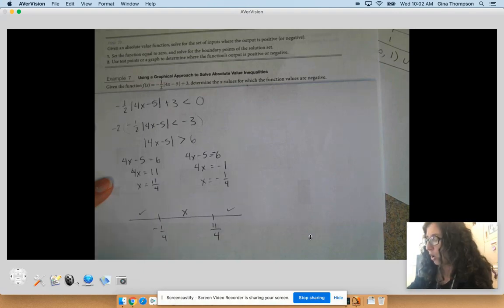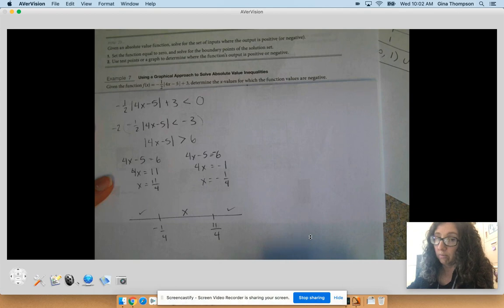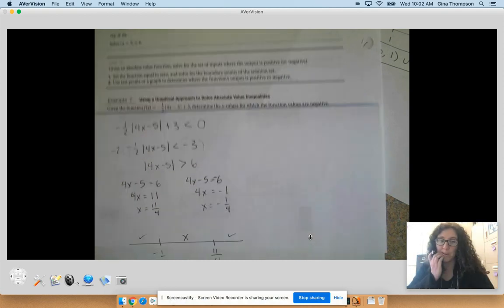But for now, we only have to check one, and we know that it's going to be less than negative 1/4 or greater than 11 fourths. So can you write it in interval notation? To the left is negative infinity to negative 1/4, union 11 fourths to positive infinity. Okay?